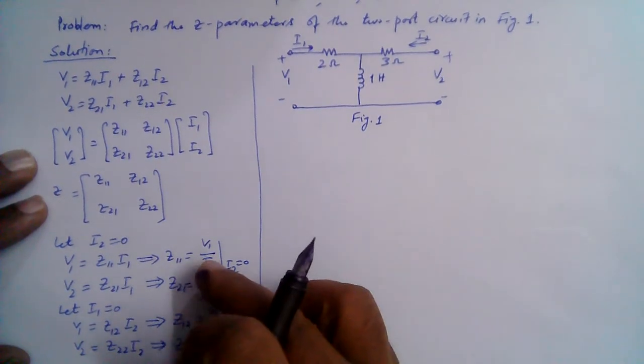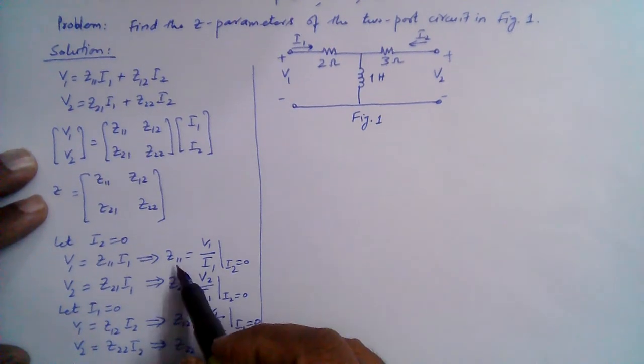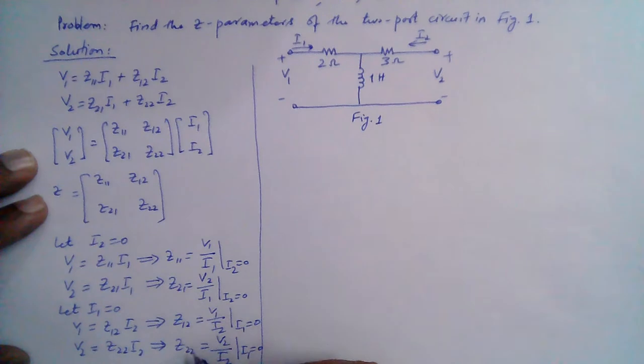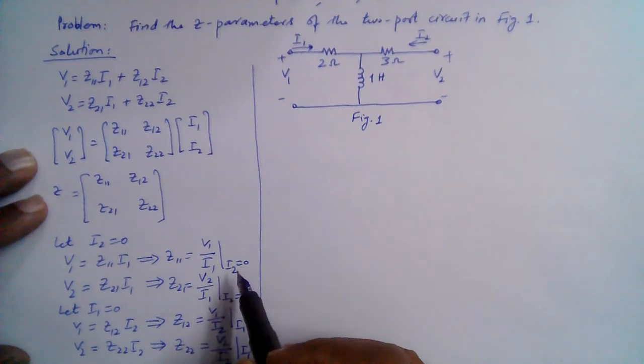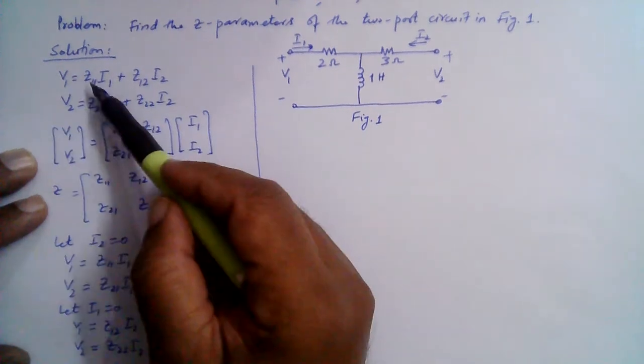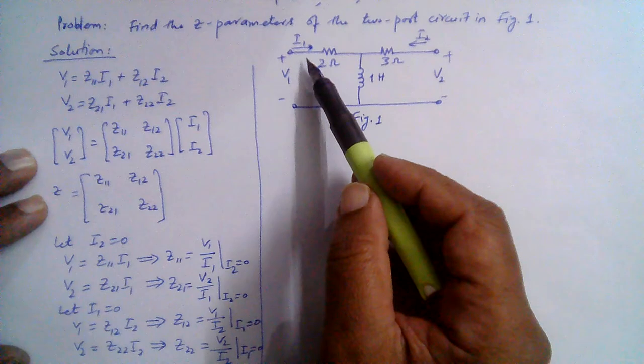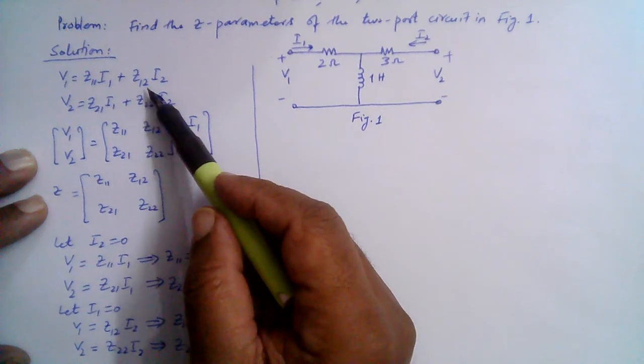Actually this also defines a way in which we can find all these four parameters: Z11, Z12, Z21 and Z22, right? We can switch off I2 here and then find the two parameters Z11 and Z21, and then we can switch off I1 and we can then find out the other two parameters Z12 and Z22.